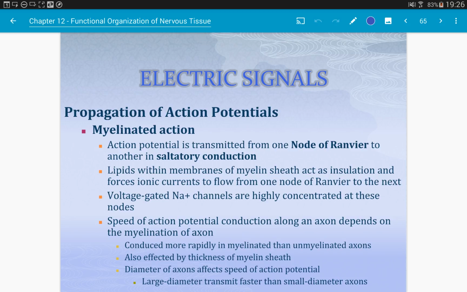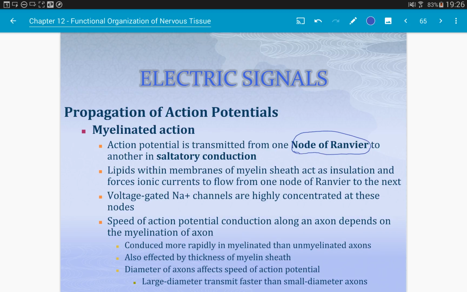It's because of these nodes of Ranvier. You have to say it with a French accent. I used to say it differently, but it's actually Ranvier. So these nodes of Ranvier are those little gaps in between the myelin.